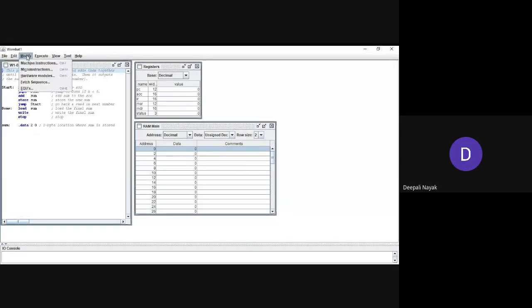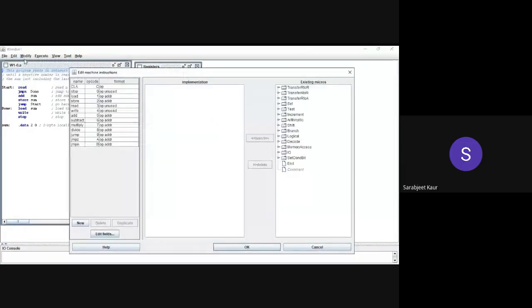It's visible, ma'am. Right. So how to make the skip if positive instruction?